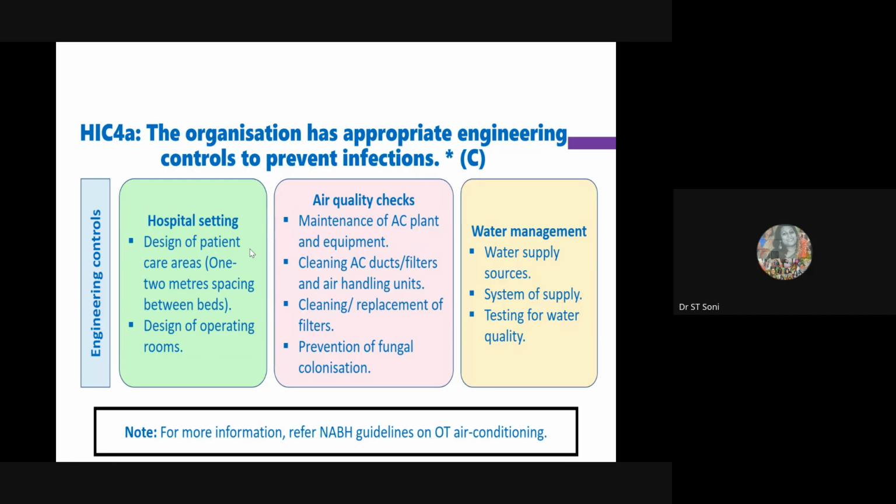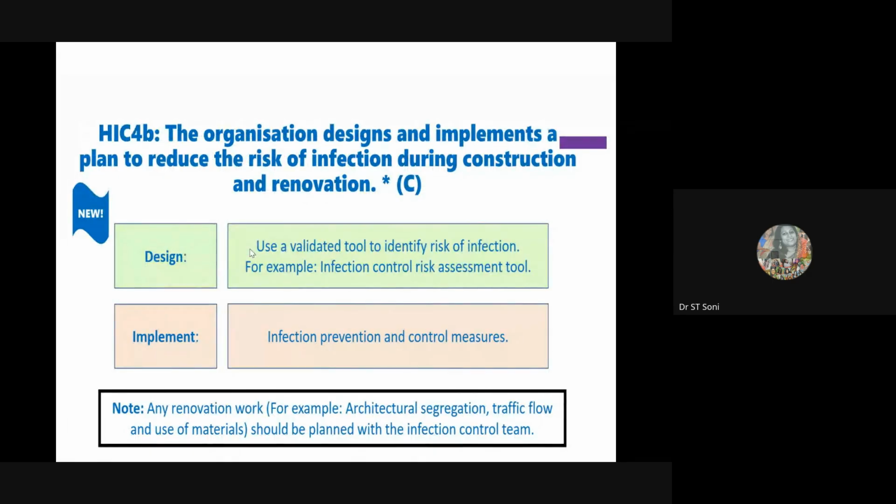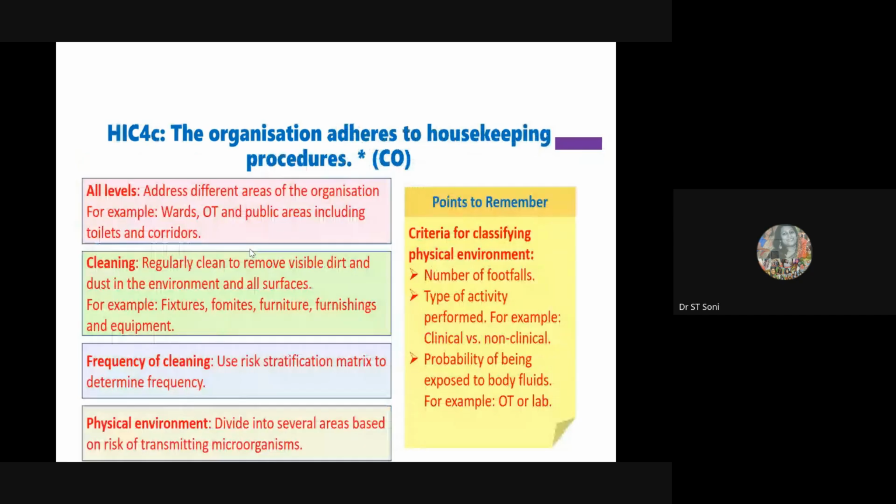So this is very, very important. We should also do some risk assessment when there is construction and renovation going on, and there are validated tools available for it, and these tools will tell you how you can assess the risk and how you can contain the risk.